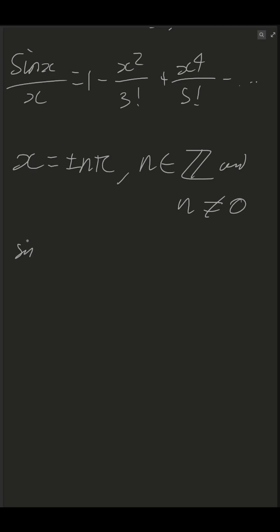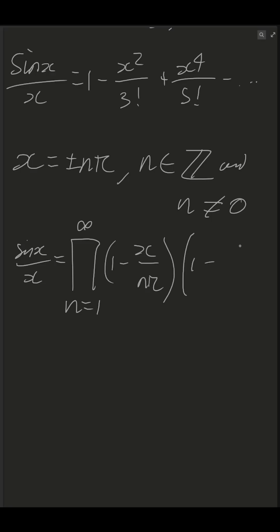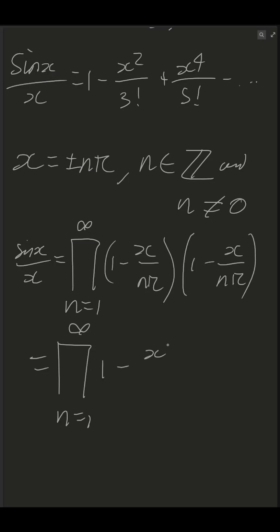So we can say that sine of x over x is equal to big pi from n equals 1 to infinity, the product of 1 minus x over n pi times 1 minus x over minus n pi, which of course is a difference of two squares, and hence this is equal to the product from n equals 1 to infinity of 1 minus x squared over n squared pi squared. And that is our evaluation for that.